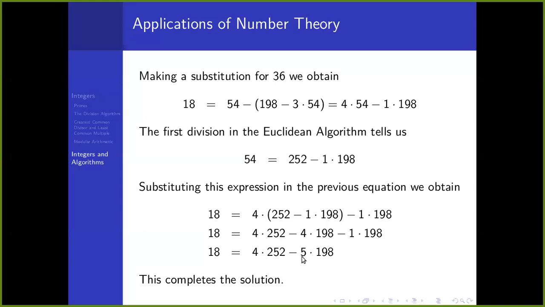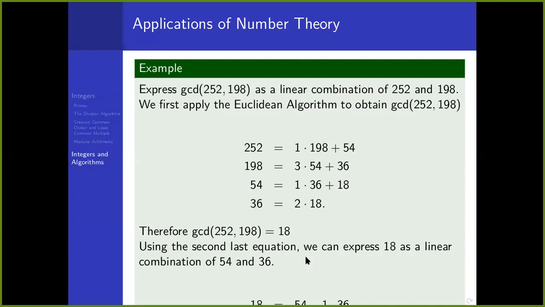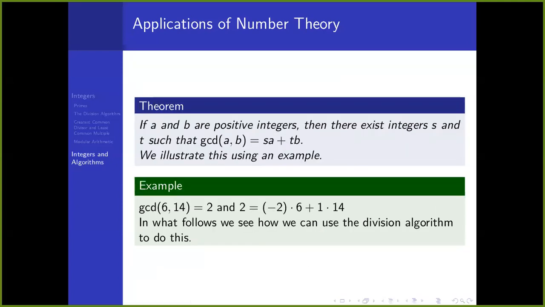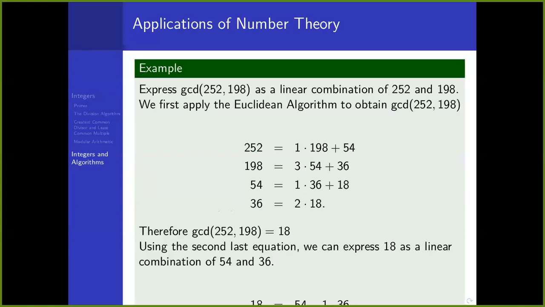So in this case, your S and T will be 4 and negative 5. So the S and T I'm referring to is what was in the initial theorem. The initial theorem says that you can write the GCD of A and B as S multiplied by A plus T multiplied by B. So in our example, A is 252 and B is 198.